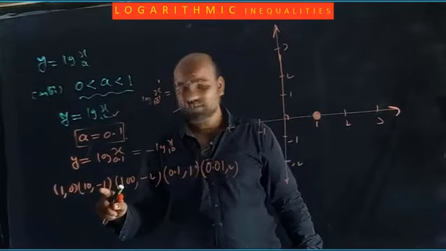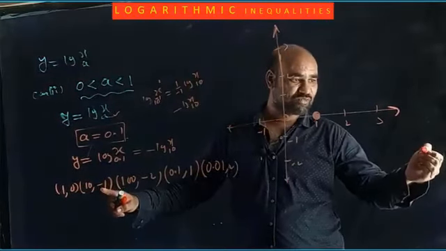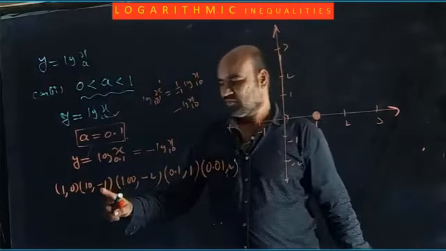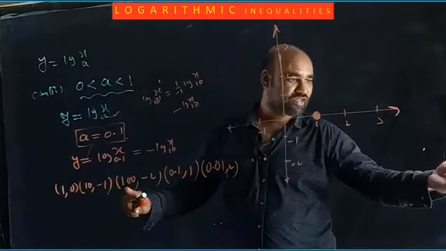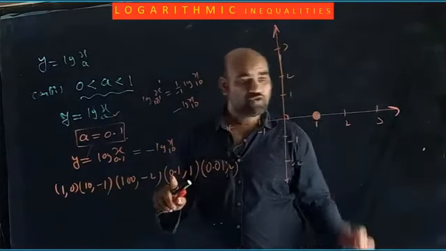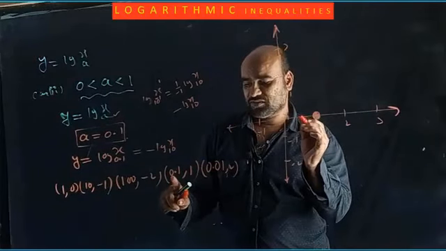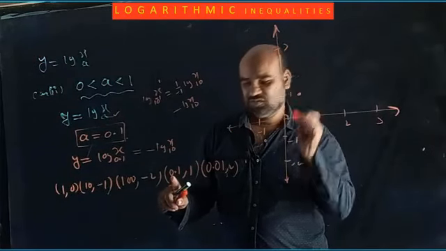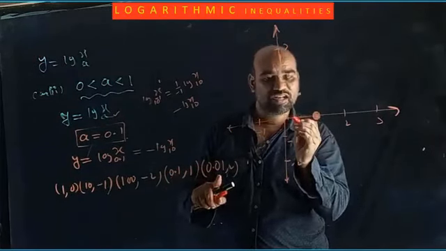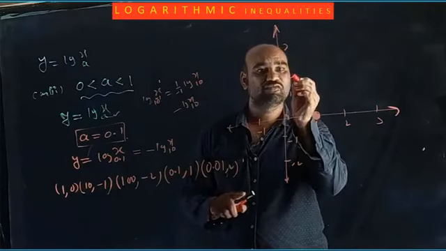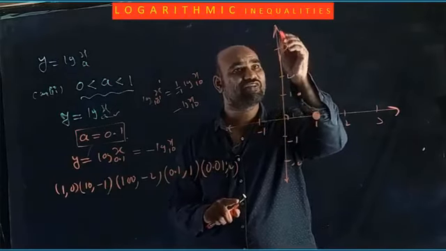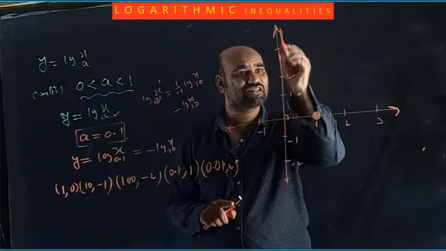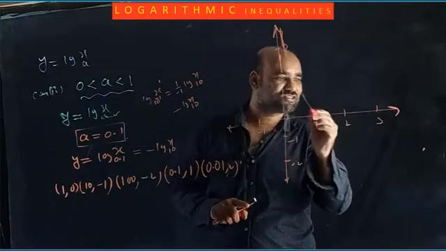X is 10, y is minus 1. X is 100, y is minus 2. X is 0.1, y is 1, and x is 0.01, y is 2. So if you take all x values which are positive real numbers, then your graph will be like this.